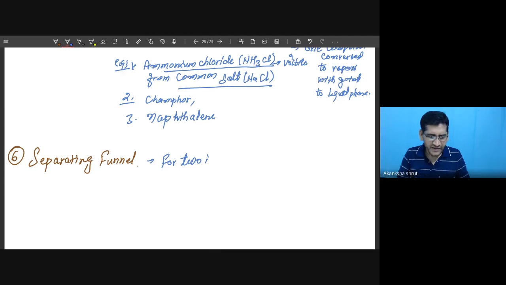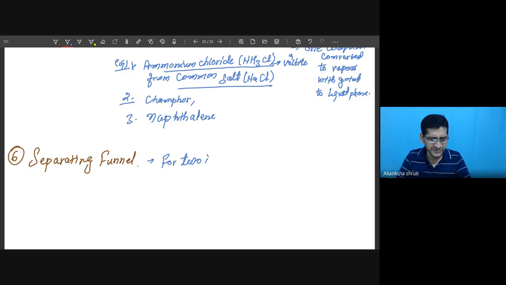Do you know miscible and immiscible? Like if you add a large amount of oil in water, what will you observe? The water will form a separate layer and the oil will form separately. The water will be at the bottom layer and the oil will be at the top layer. If a cork is fixed at the bottom and we open it slowly, then the water will drain down and the oil will remain in the separating funnel.